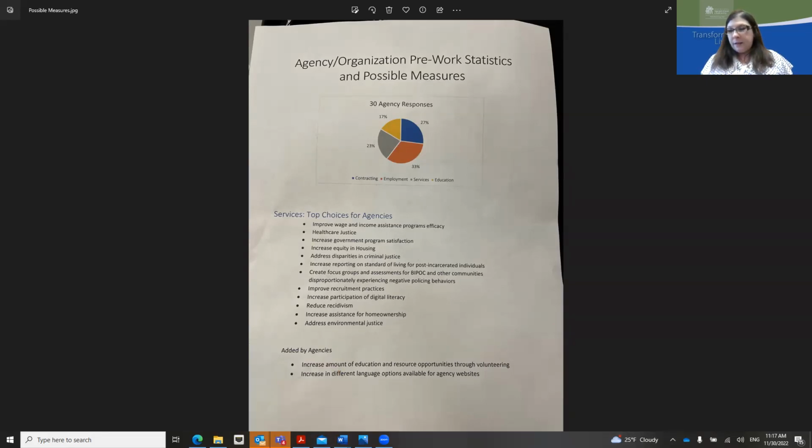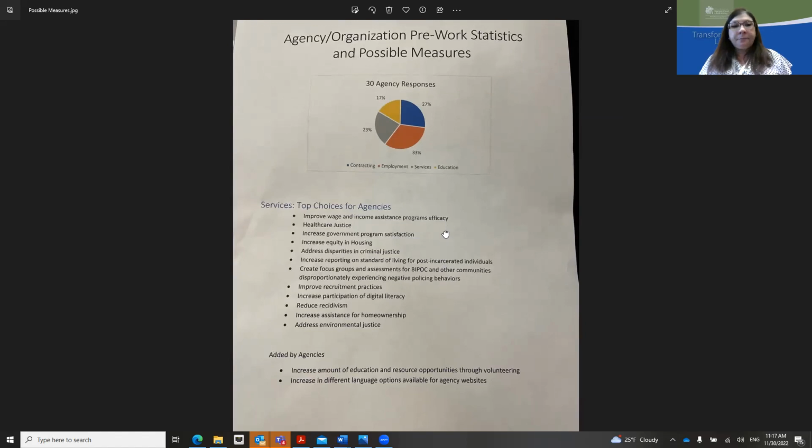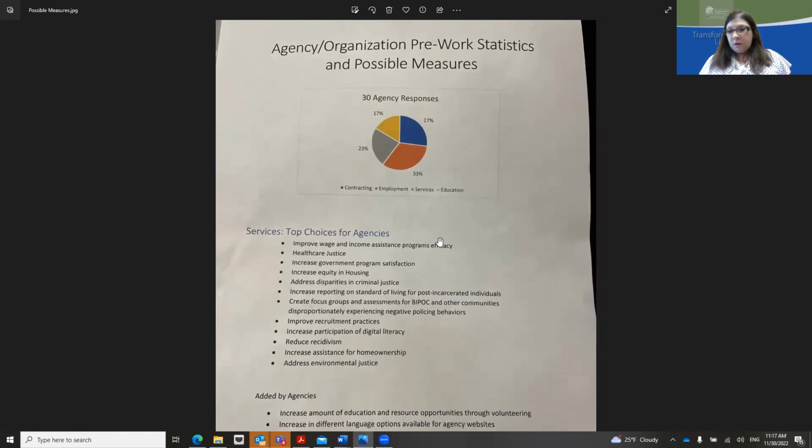The other thing I want to make sure you have is the service lines. Yeah, that's it. Those are the documents that we can work from.